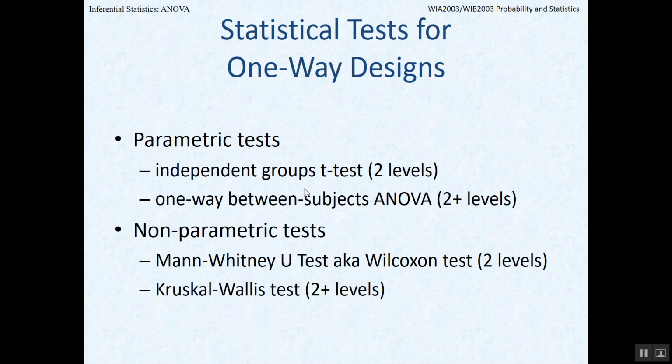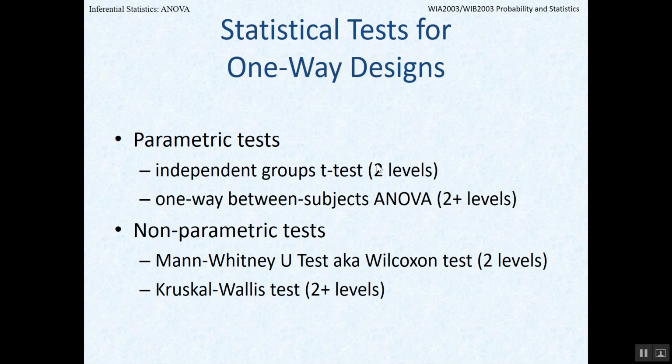So it's the independent group t-test for 2 levels. But if more than 2 levels, 2 plus 1, that means 3 and above, you can use ANOVA. You might ask what is one-way ANOVA and two-way ANOVA. We will see after this.